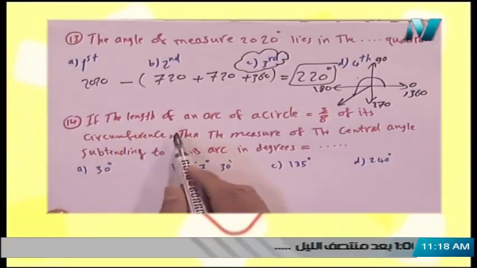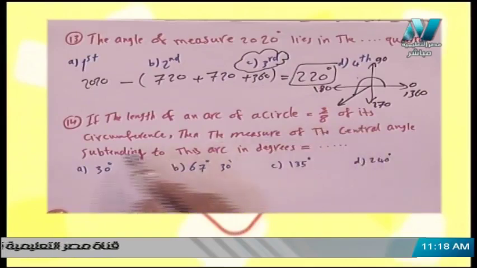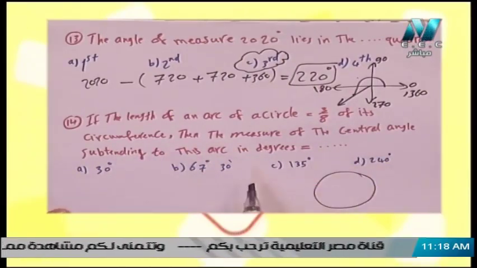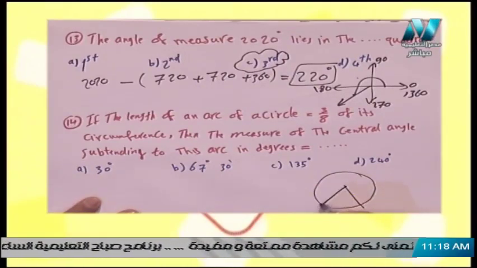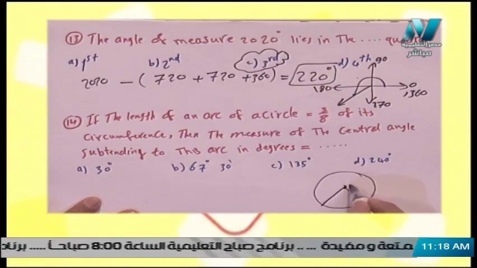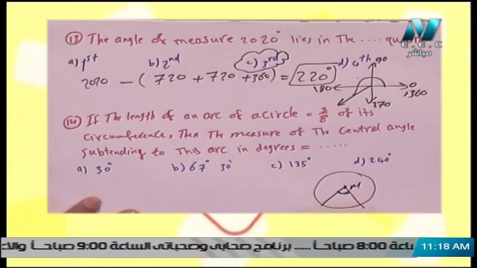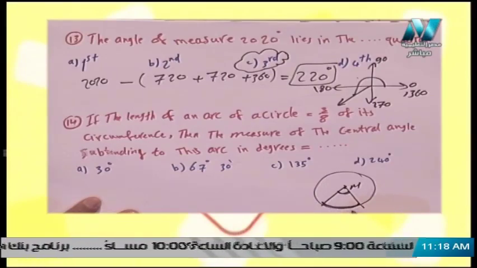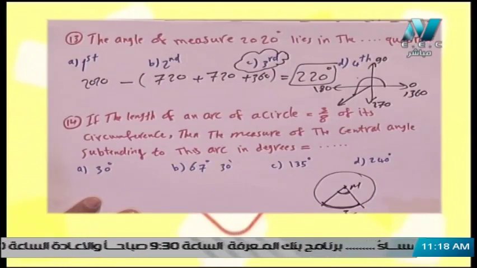If the length of an arc of a circle is 3/8 of its circumference, so if we have a circle here and we have a part of the circle, this is M, and we have a central angle here, and this arc equals 3/8 of the whole circle.